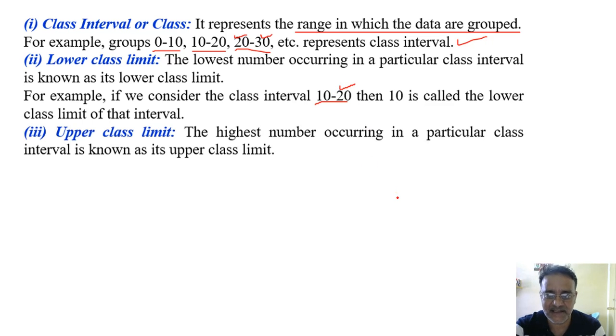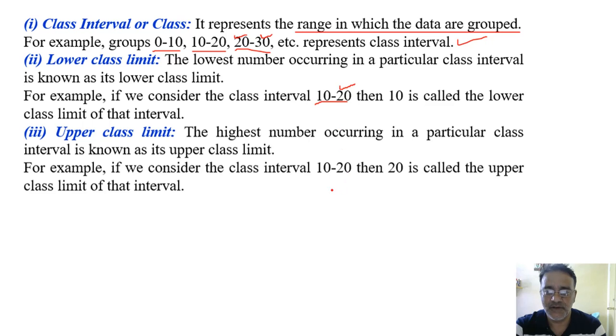So next topic is upper class limit. The highest number occurring in a particular class interval is known as its upper class limit. So in 10 to 20, 20 is called the upper class limit of that particular interval. Now let us move towards the class width, also known as class size. It is the difference between the upper limit and lower limit.